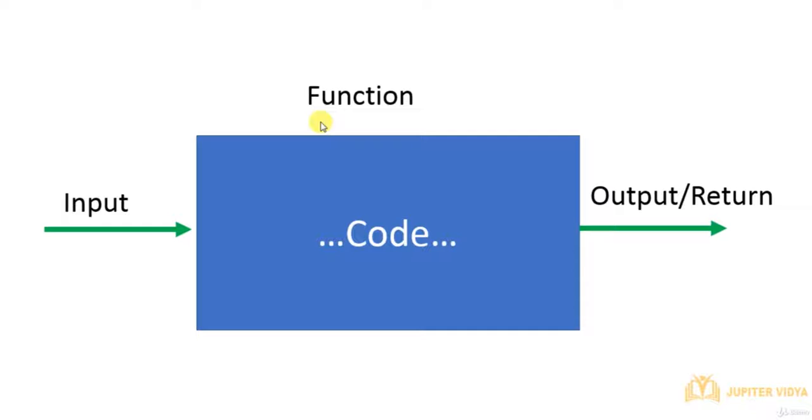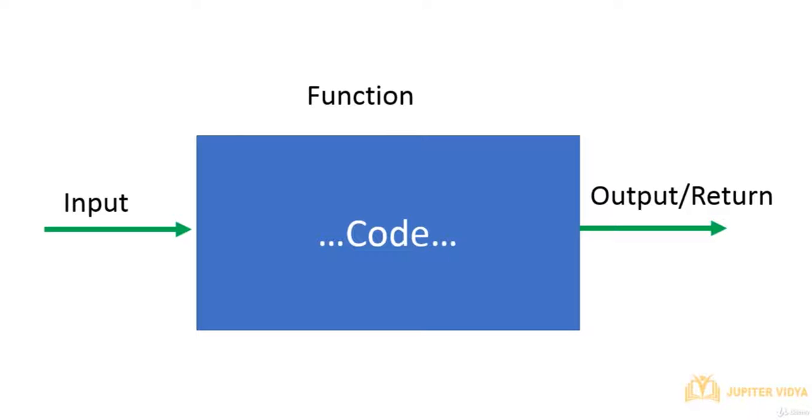So let's take one more example. Suppose you want to withdraw some money from the ATM. So you go to the ATM, and what will be the input? You have to enter the amount you want to withdraw. So let's say some number, let's say 1000.